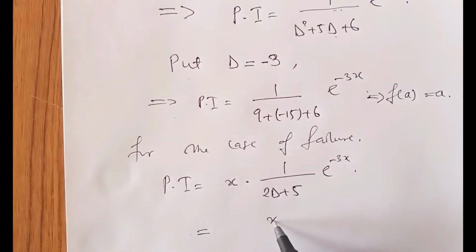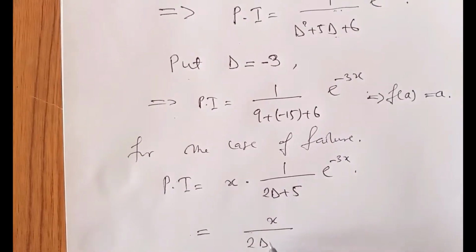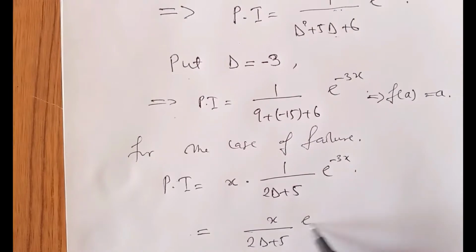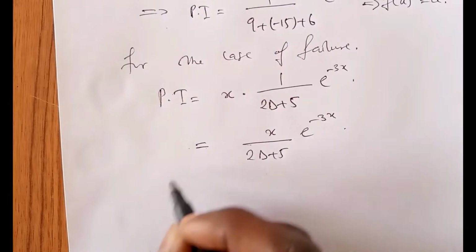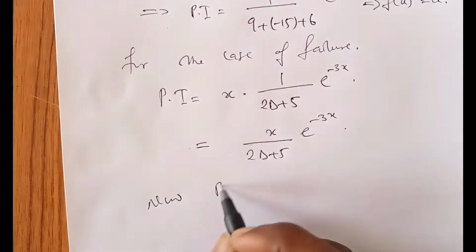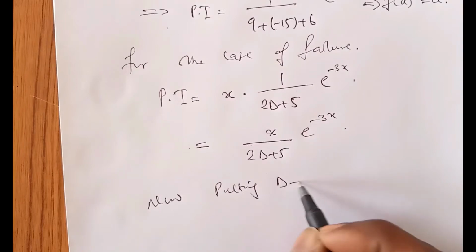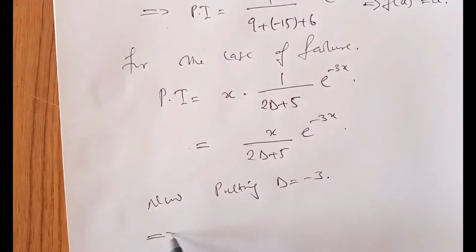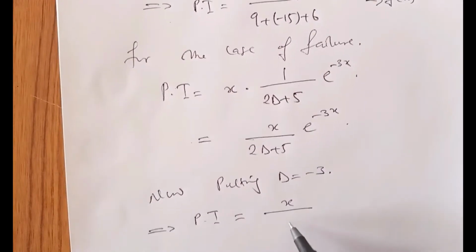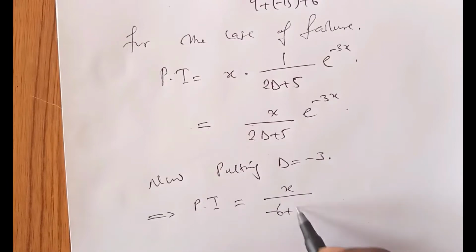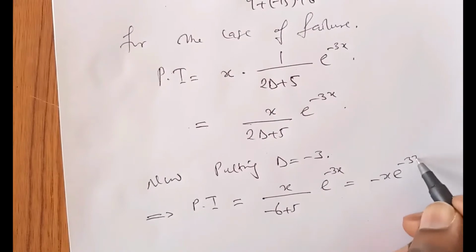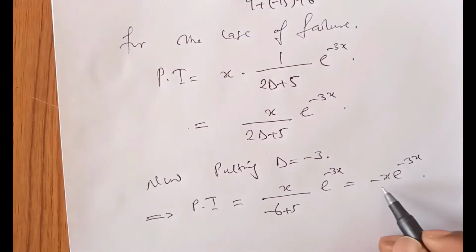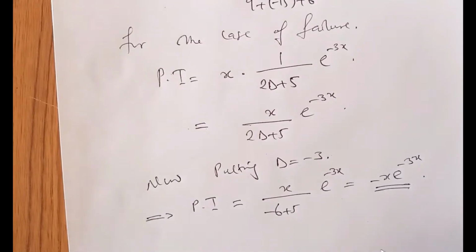Simplifying this we have x over 2D plus 5 exponential of minus 3x, and putting D equal to minus 3, the PI will be x over (2 times minus 3, which is minus 6, plus 5) exponential of minus 3x, which is minus x exponential of minus 3x, which is the solution for the particular integral.